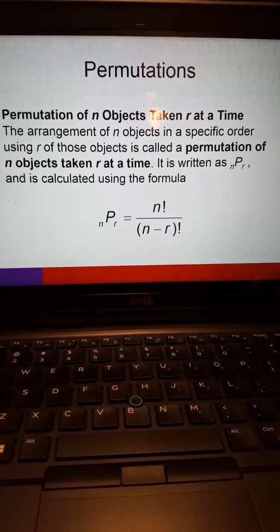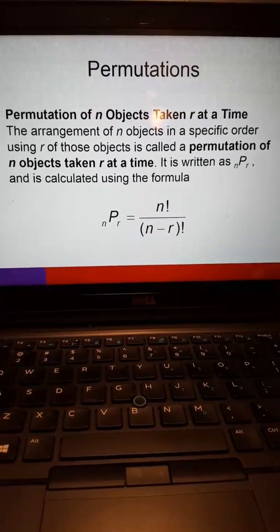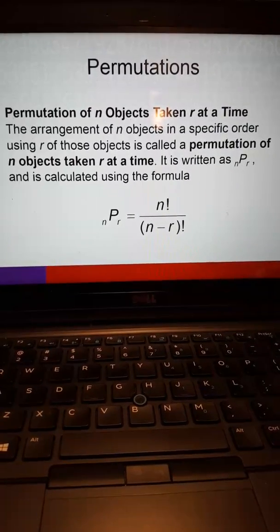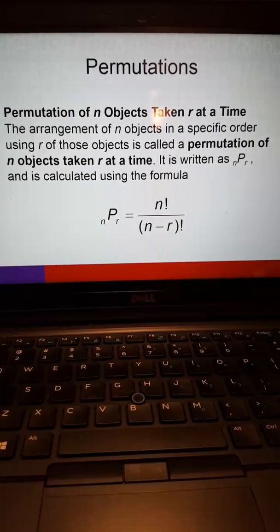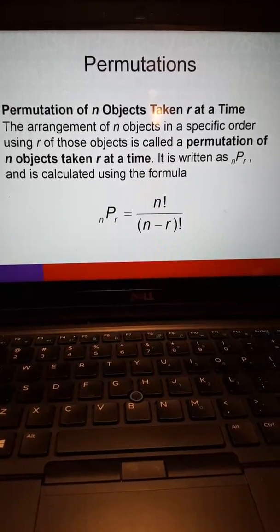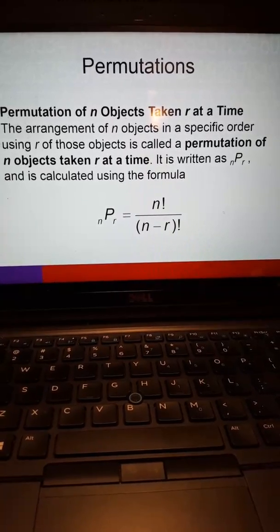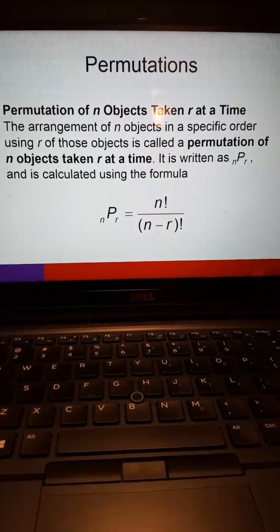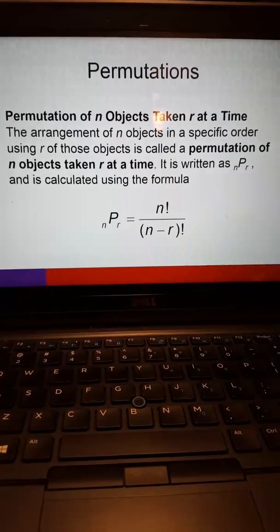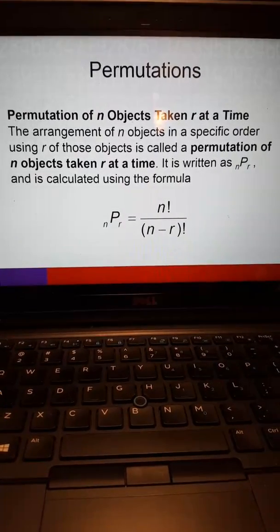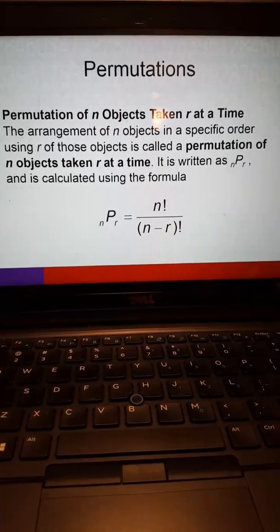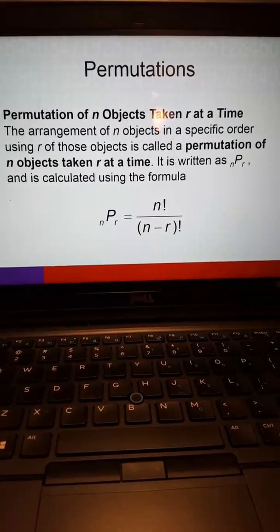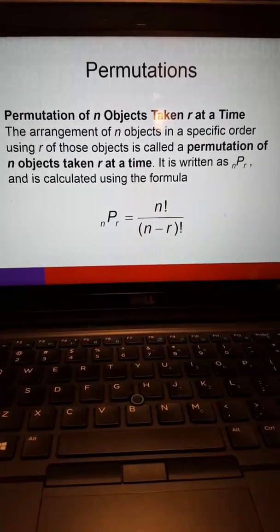So permutations of n objects taking r at a time. The arrangement of n objects in specific order using r of those objects is called a permutation of n objects taking r at a time. It is written as nPr. Now remember, n is the total number of anything you are working with, and r is the specific space that is available for that.